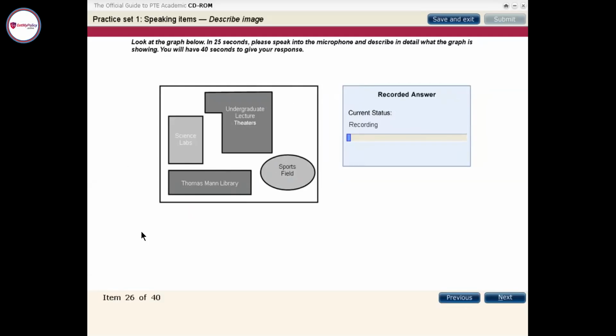But as compared to Thomas Mann Library, the science lab is a little bit broader. On the top, I see that the undergraduate lecture theater is located. The undergraduate lecture theater is the largest building according to the map. Overall I can conclude that the sports field is located between Thomas Mann Library and the undergraduate lecture theater.